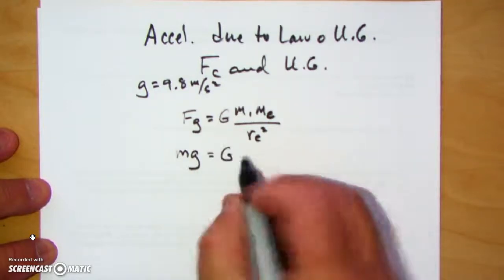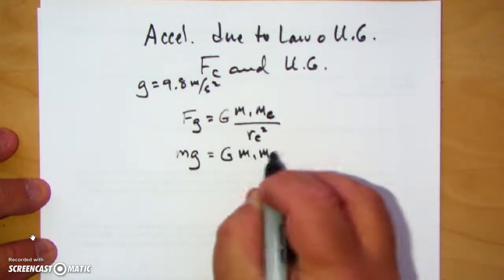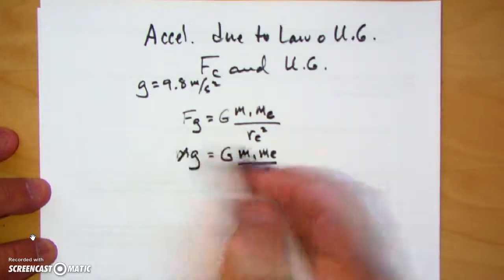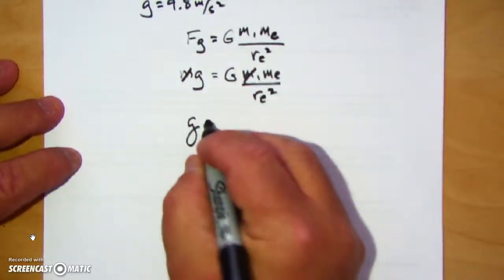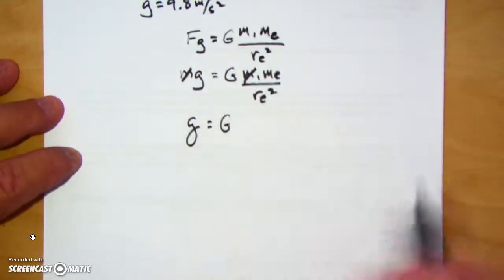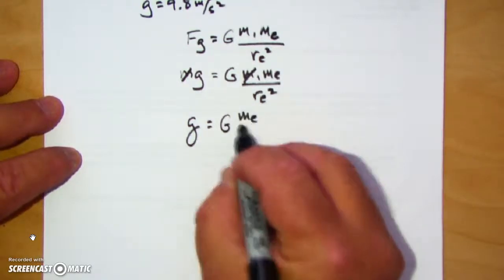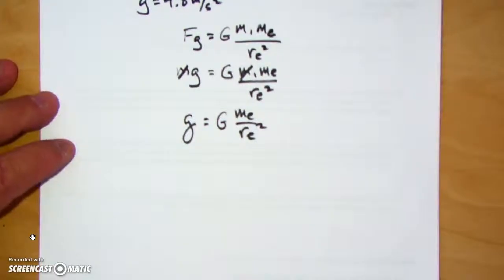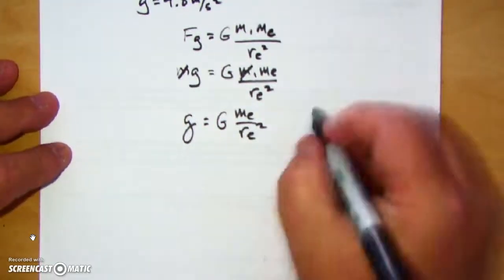So it's equal to big G, m1, mass of the Earth, divided by the radius of the Earth squared. The m's disappear. So little g is actually the constant G times the mass of the Earth divided by the radius of the Earth squared. Now, let's put in some numbers and take a look at what happens.